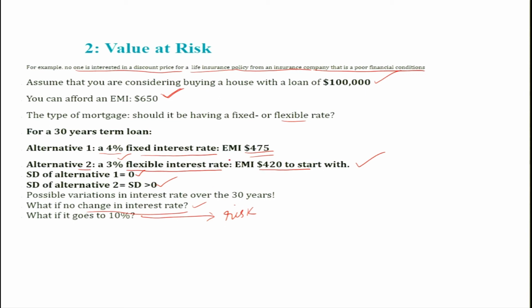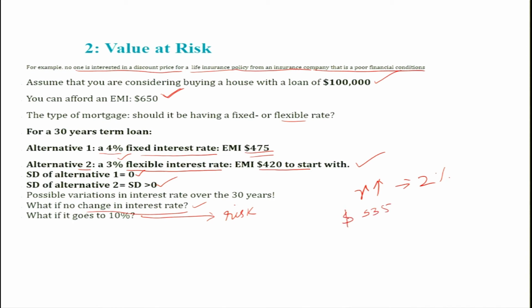Suppose the interest rate rises 2% per year for the next 4 years. Then the risk is that in the first year you need to pay initially 535.